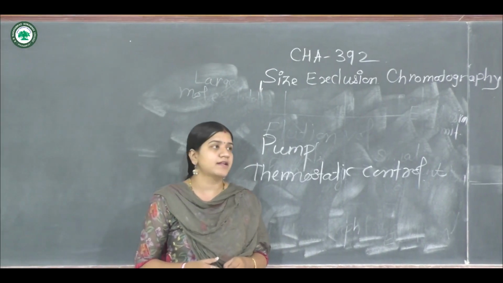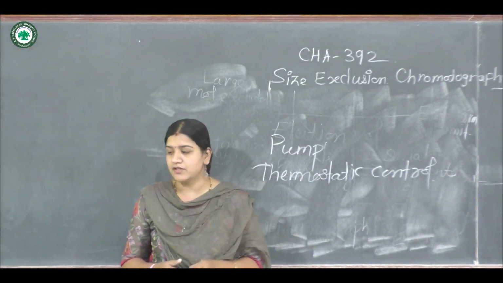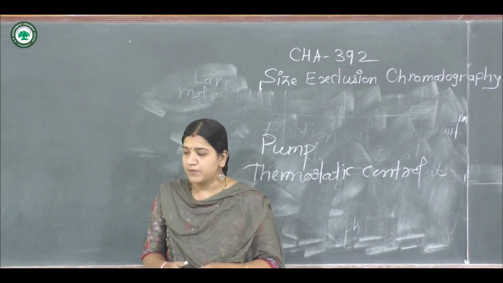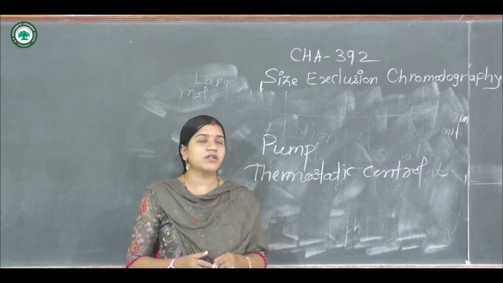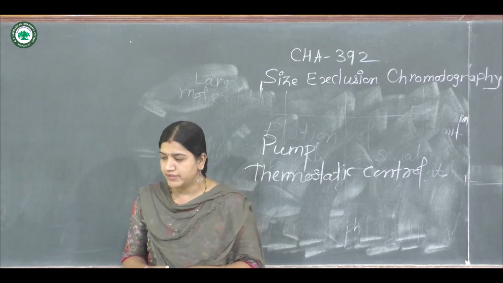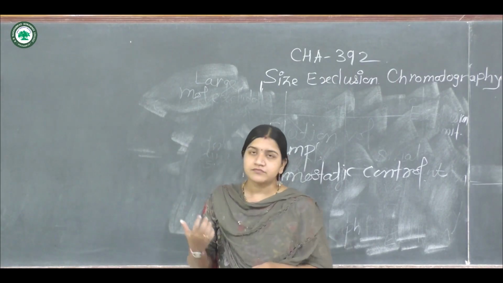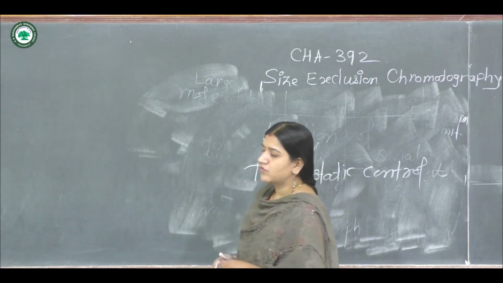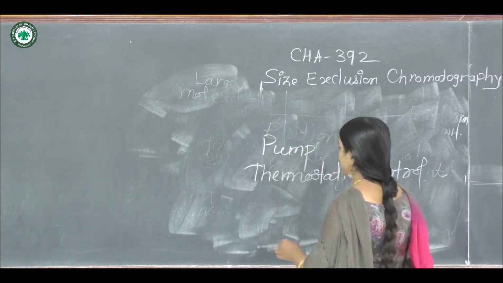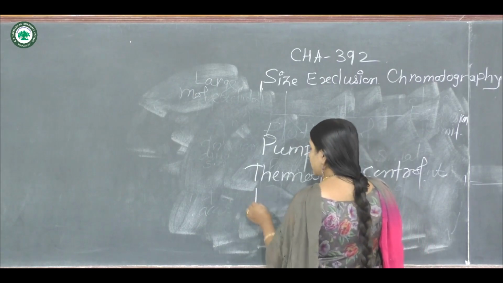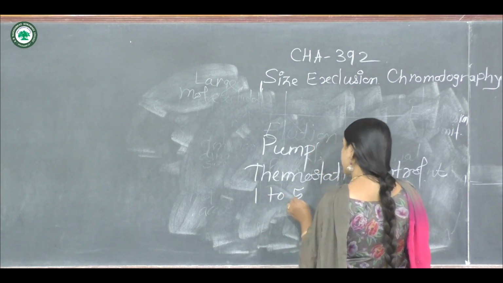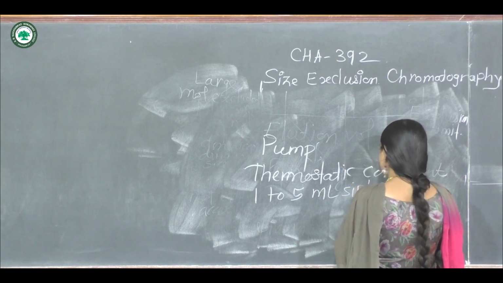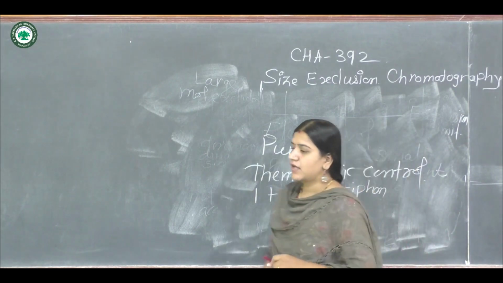Now what is the second alternative? The second alternative is simple and low cost. For that purpose, after passing your sample through the detector, the eluent is channelized through a 1 to 5 ml siphon.